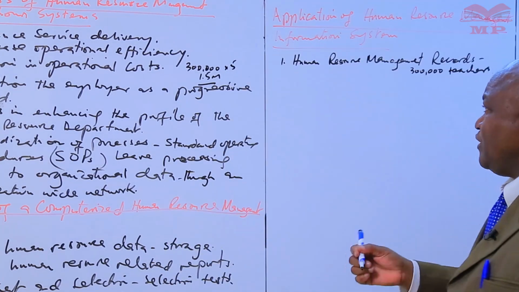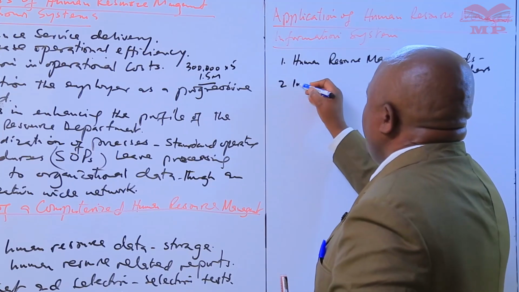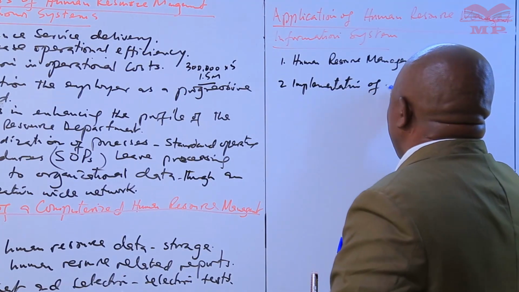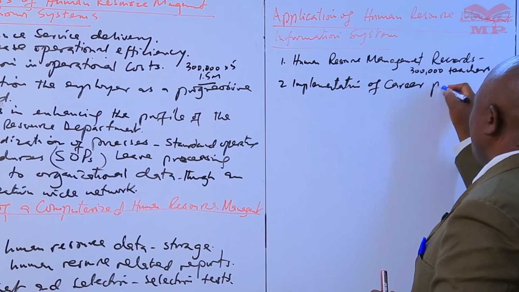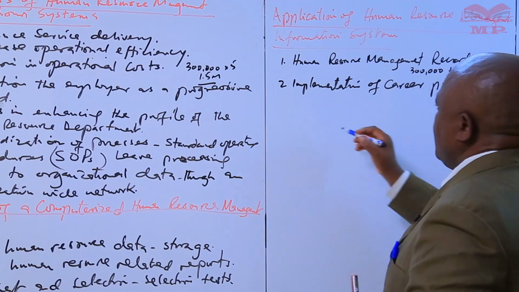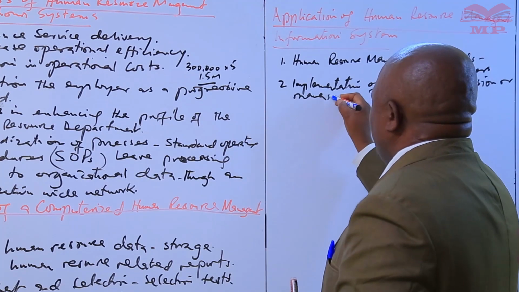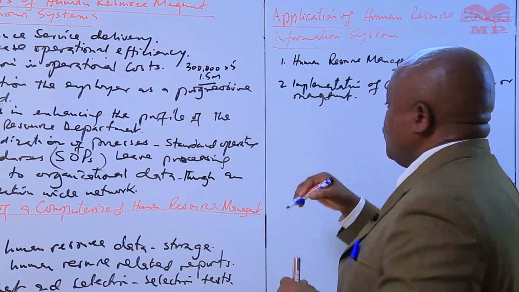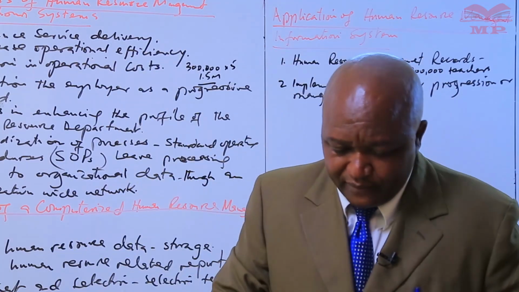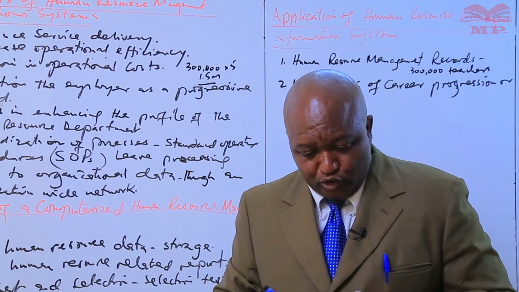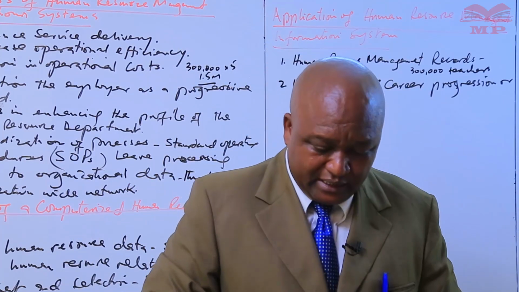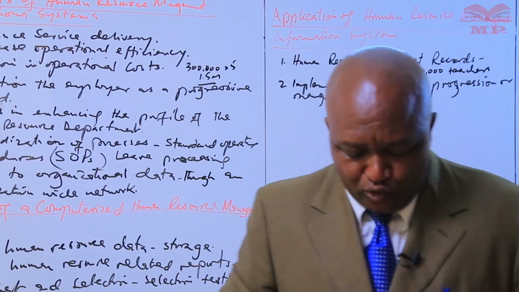Then there is also the element of implementation of career progression or management. You may want to manage the careers of workers within a given setting, and if you have an integrated human resource management information system, that becomes possible.